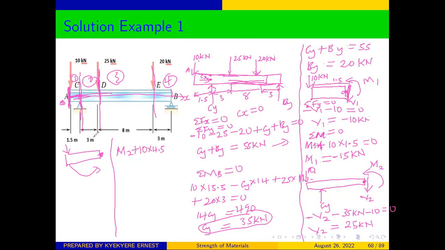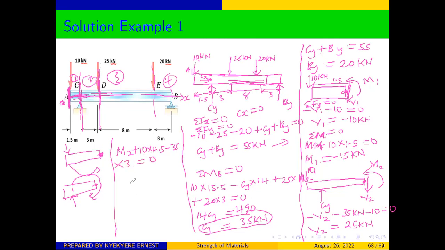And we have our CY, which is moving upwards. So we have our diagram like this. This is C where we are taking a moment, and CY is somewhere here. So this is going to rotate the object in this direction, and this is in the clockwise direction. So minus CY, which we have calculated, is 25 times the distance from there to where we are taking our moment, which is 3, is equal to 0.